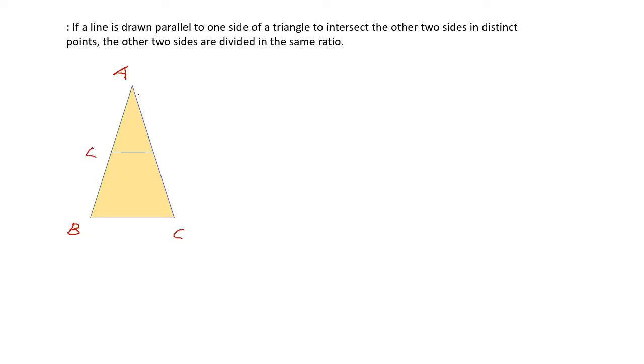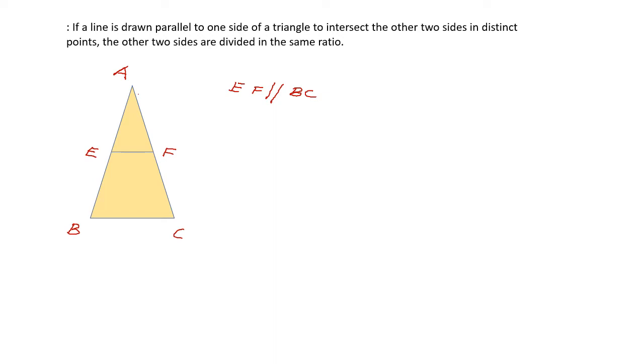I am drawing a line EF parallel to BC. If a line is drawn parallel to one side of a triangle to intersect the other two sides in distinct points, that is, the points are E and F, the other two sides are divided in the same ratio.